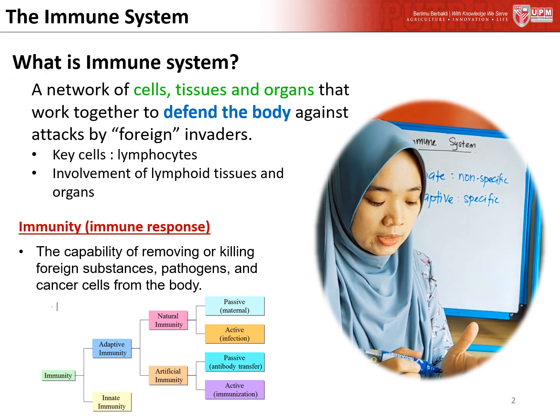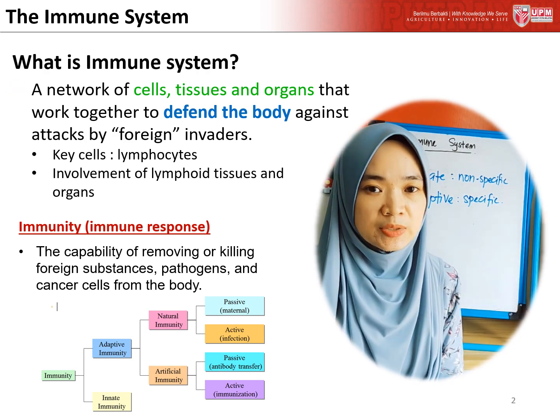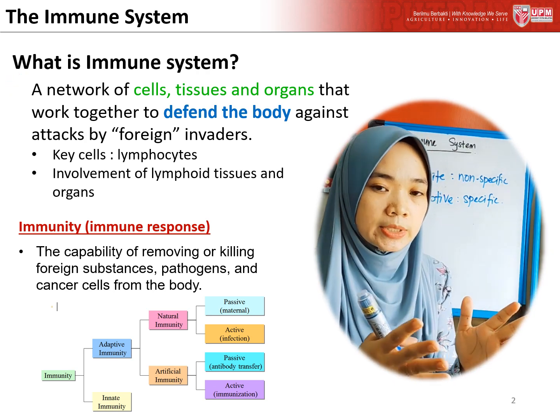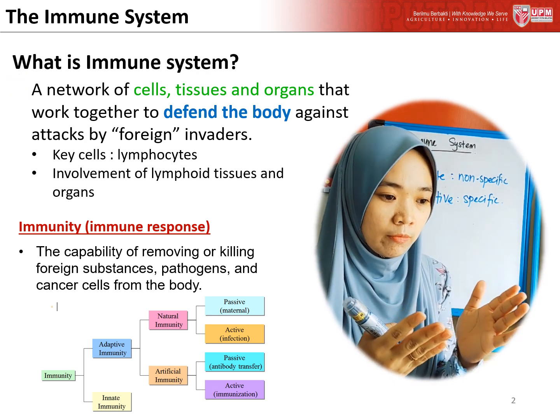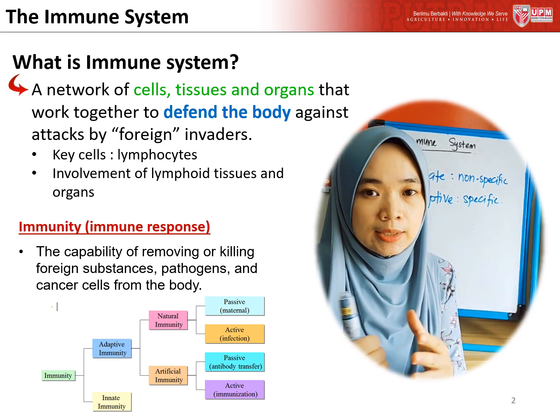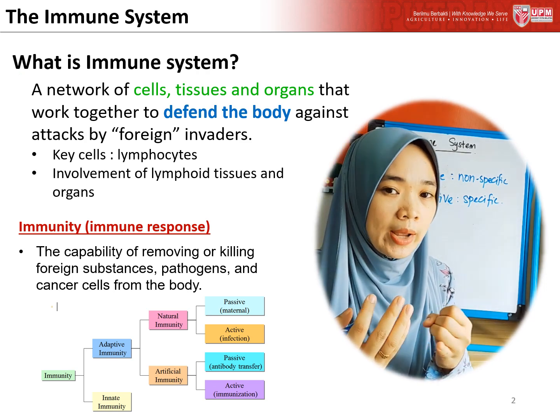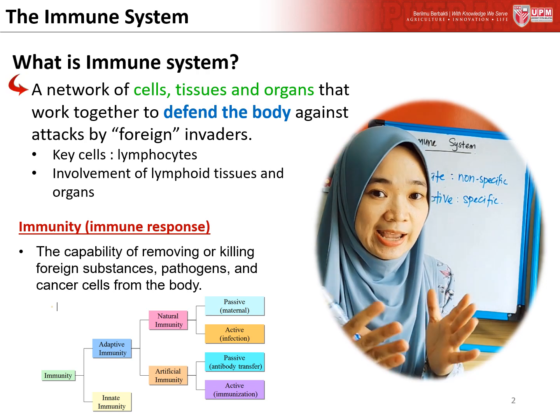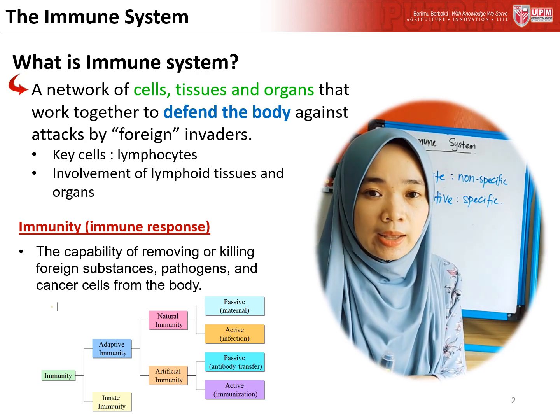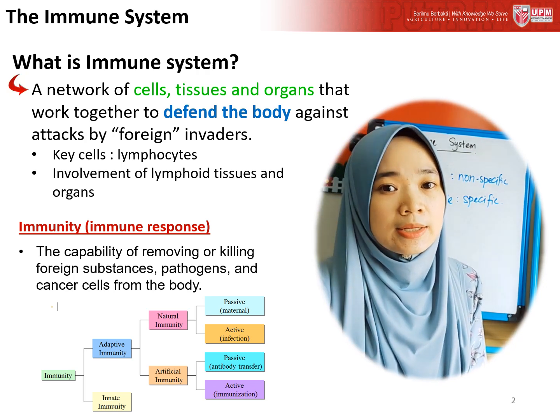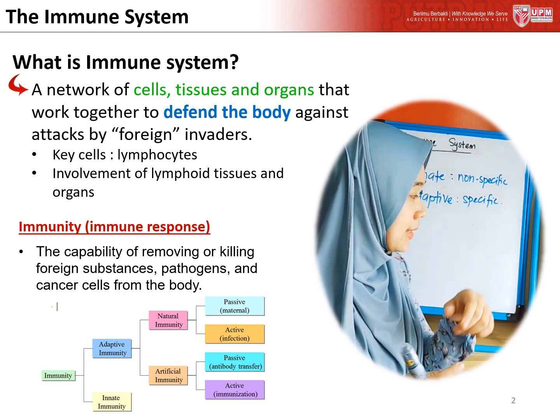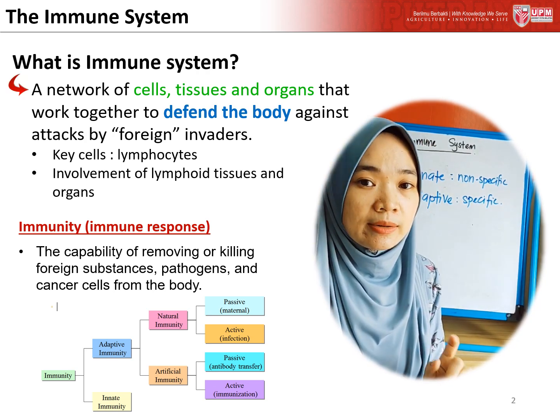Specific and non-specific for what? For the invader. For the innate immune response, the body doesn't need to first recognize what type of virus or bacteria entered our body, what their name is, or what their antigen, the ID of the virus, is. Anything that enters our body will be eliminated by the innate immune response.